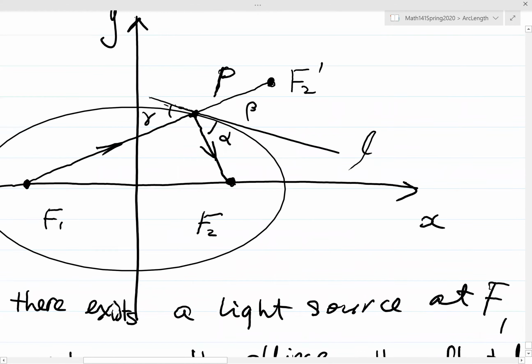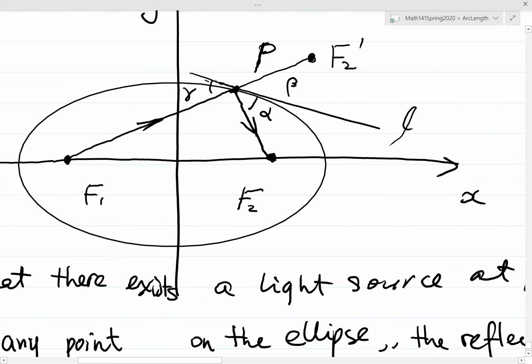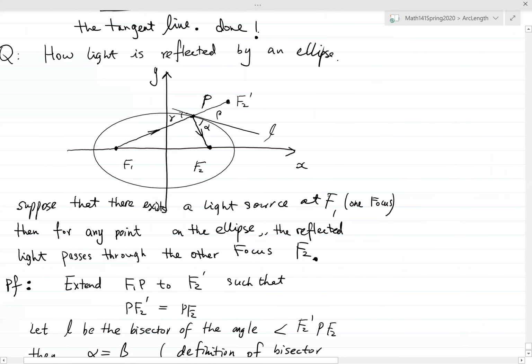Now we use an idea similar to what we did last time. So now we show that L is exactly the tangent line.